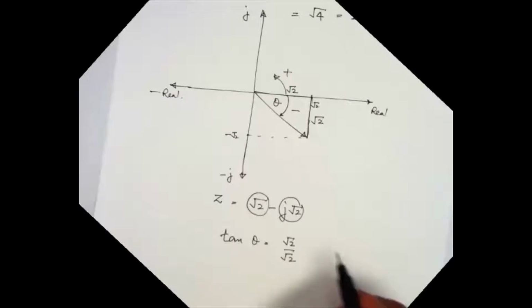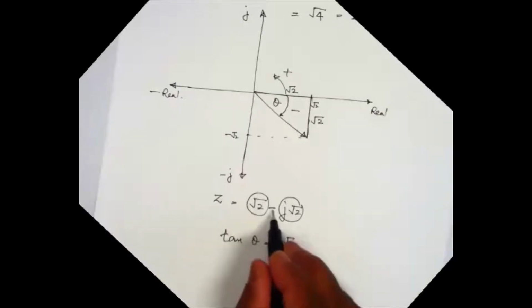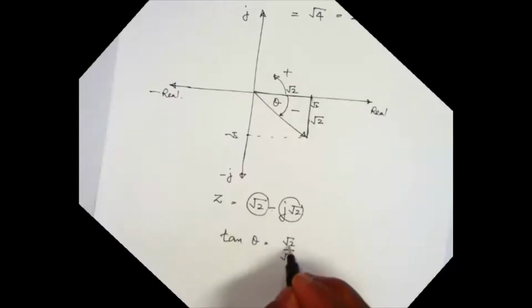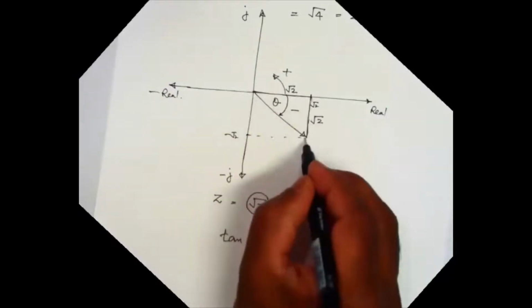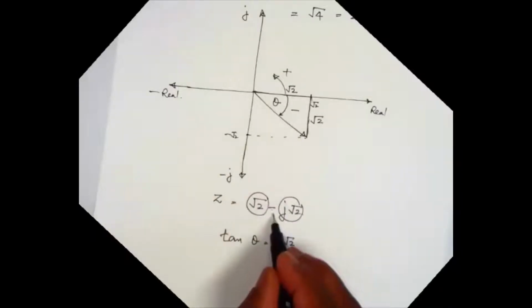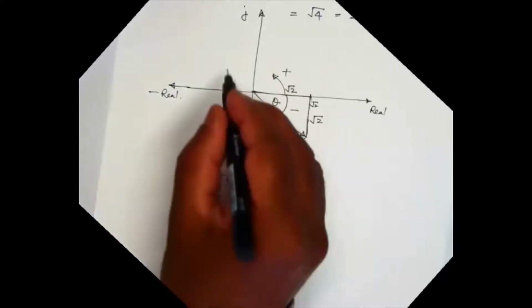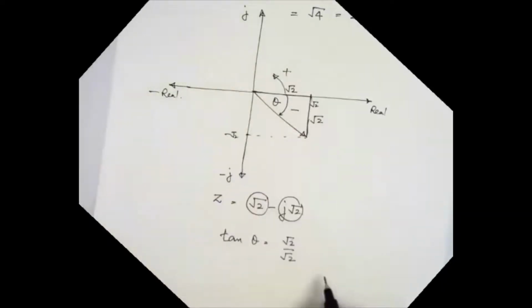We don't have to worry about this sign here, because we are taking only the magnitudes, because we know that it is in the fourth quadrant. We use the signs only to find in which quadrant our vector or the phasor lies. So this is equal to 1 and theta is equal to tan inverse 1, which is 45 degrees.